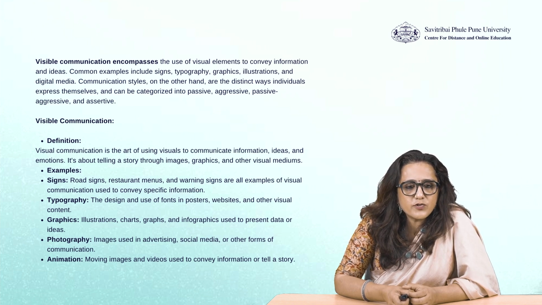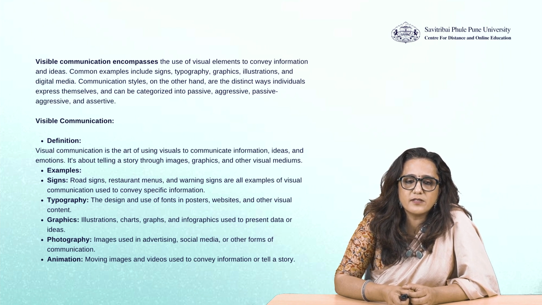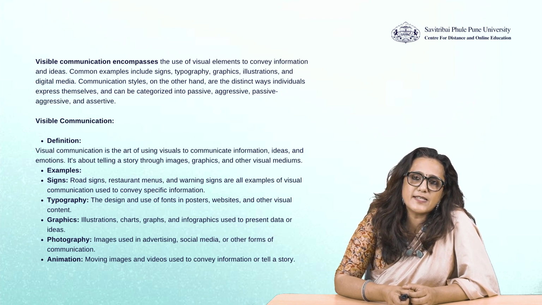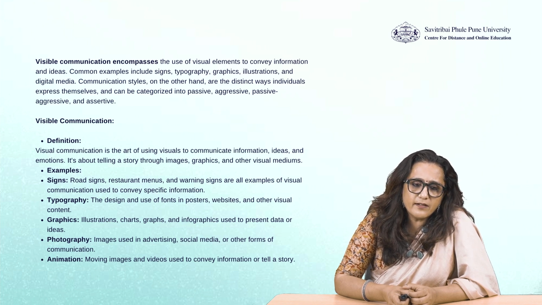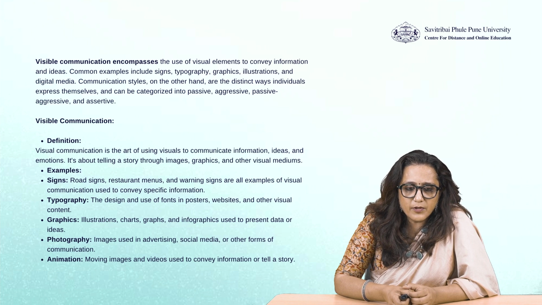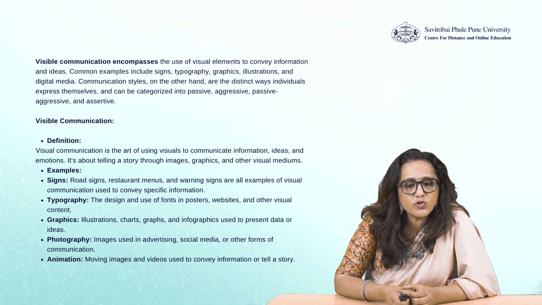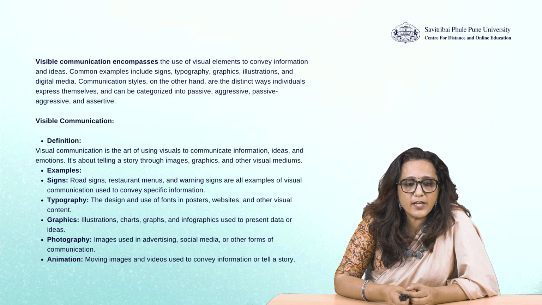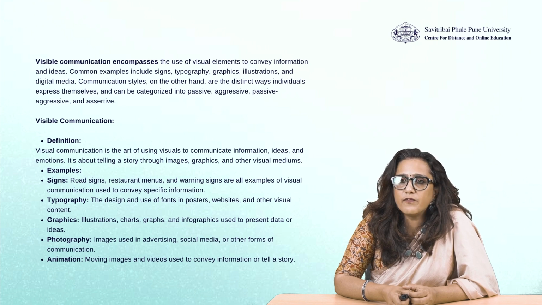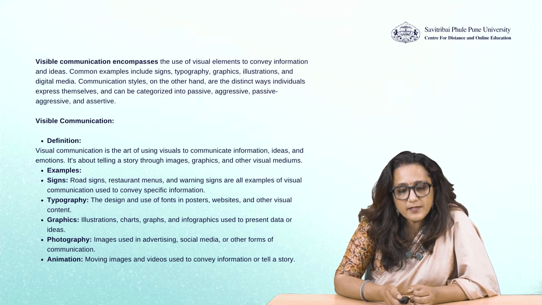Graphics are illustration, charts, graphs, infographics. They present data or ideas. Photography, images used in advertising, social media, or in any forms of communication is the use of photography for visible communication. Animation, any moving images and videos used to convey information or to tell a story.